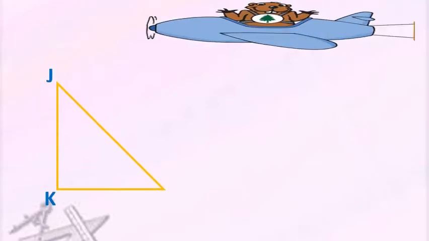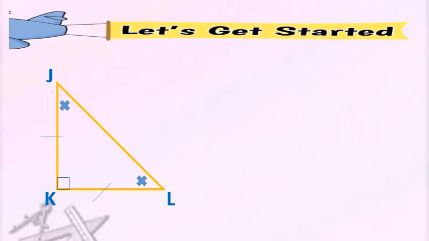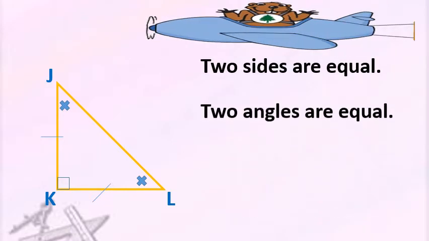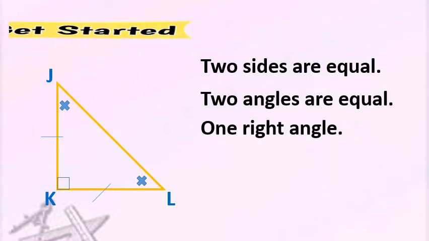Again, if you have such a triangle like JKL having two equal sides, a right angle, and two other angles that are equal. So we have two equal sides, two equal angles, and one right angle.